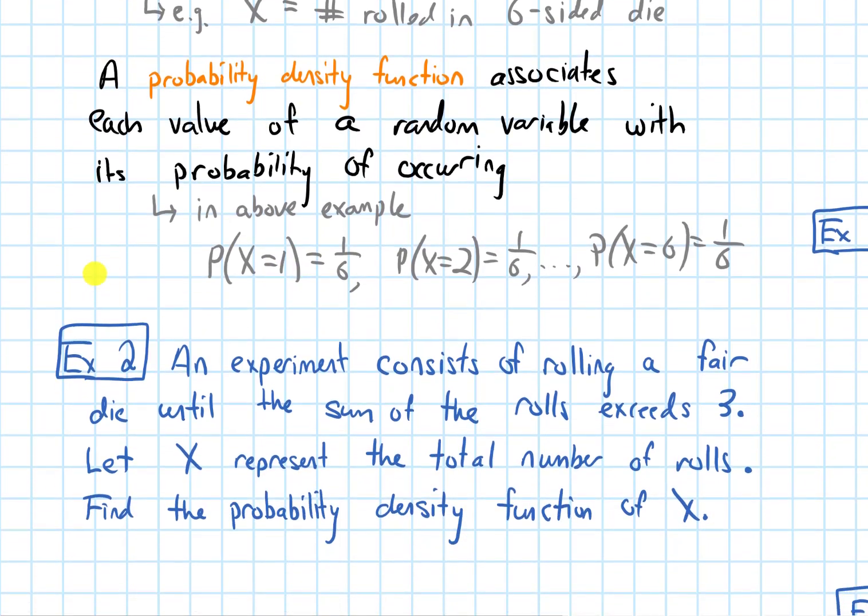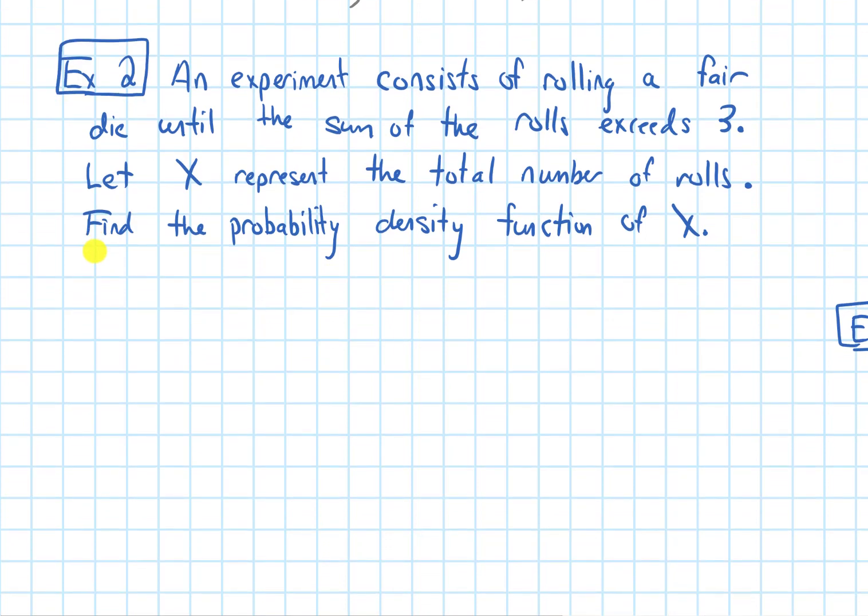So let's look at an example which says that an experiment consists of rolling a fair die until the sum of the rolls exceeds 3. So that means we're going to roll the die again and again until the sum of the rolls is bigger than 3. Let x, this is our random variable, represent the total number of rolls.